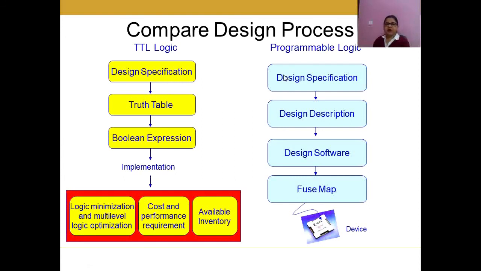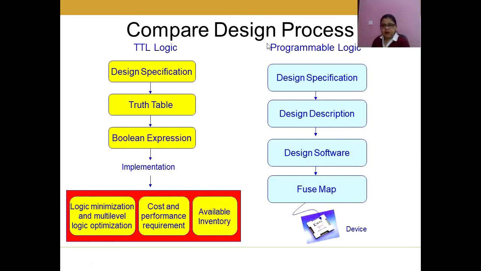So now when I compare the design process, this is the conventional TTL logic design process which was followed when the BJT was in big demand. And this is how we do it with programmable logic. With the TTL, we have a design specification, then the truth table needs to be drawn, the Boolean expression and its minimization, then implementation, and at the implementation several things are to be taken care of.